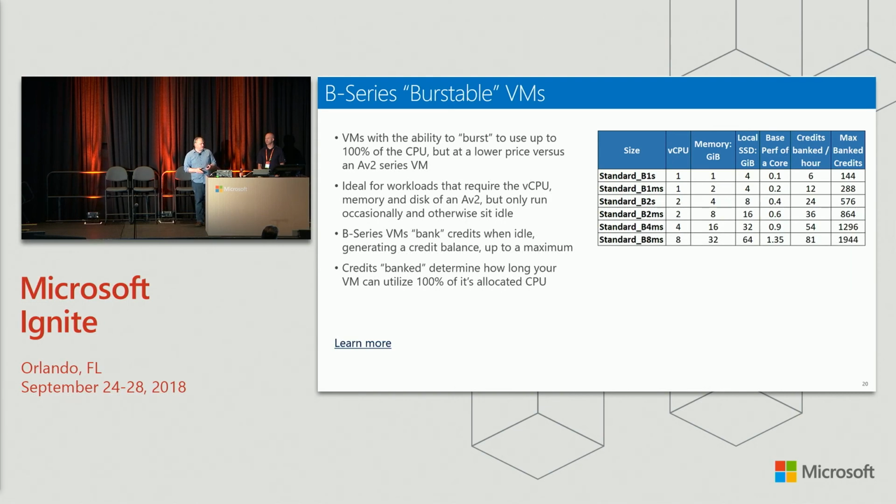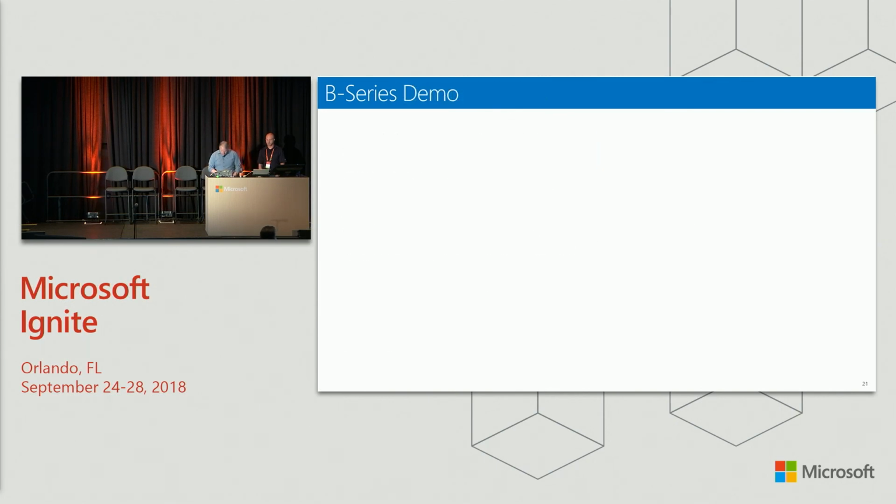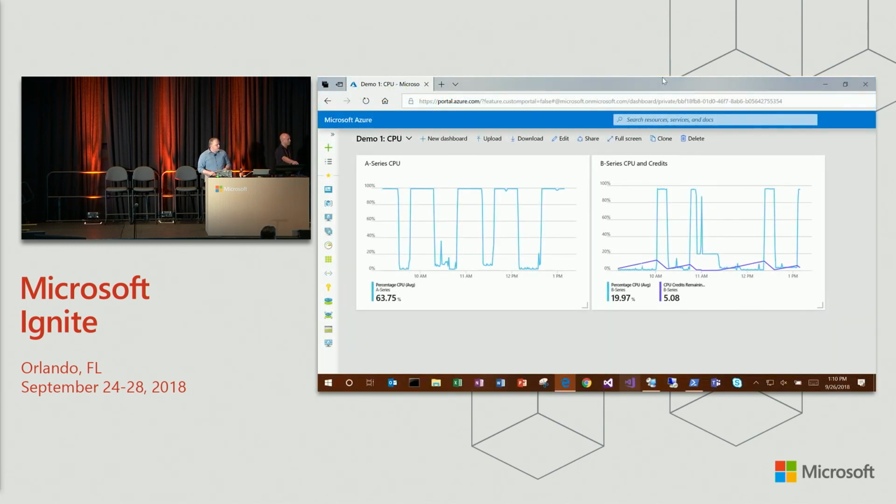Now, I think it's useful to actually walk through this with a little bit of a demo. It kind of shows it a little easier. What I have here is a machine that's configured. I've got two VMs deployed, an A-series VM and a B-series VM.